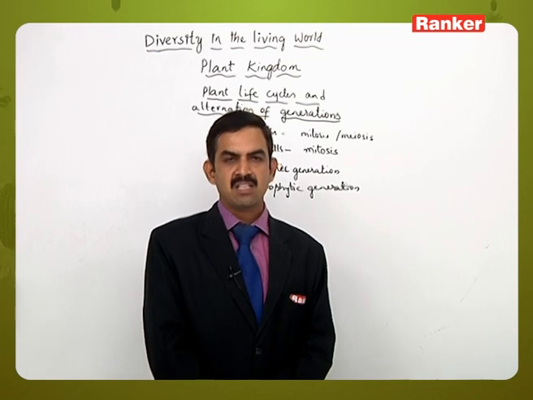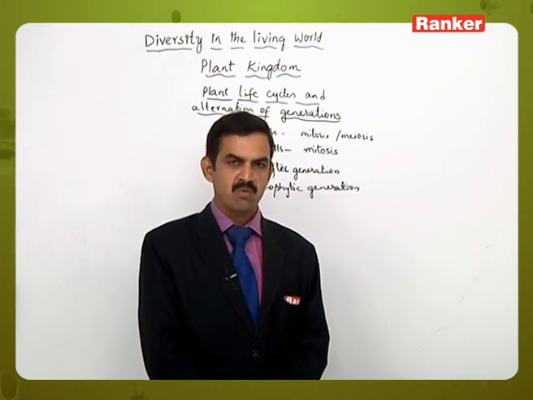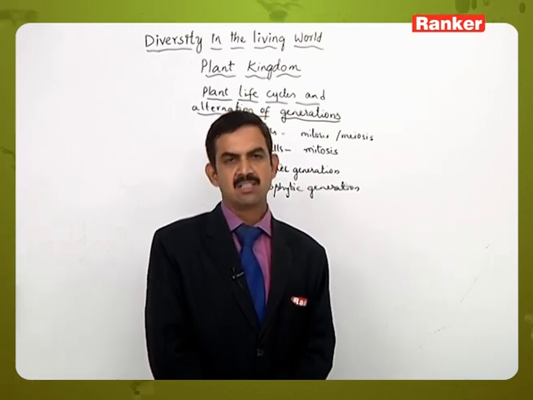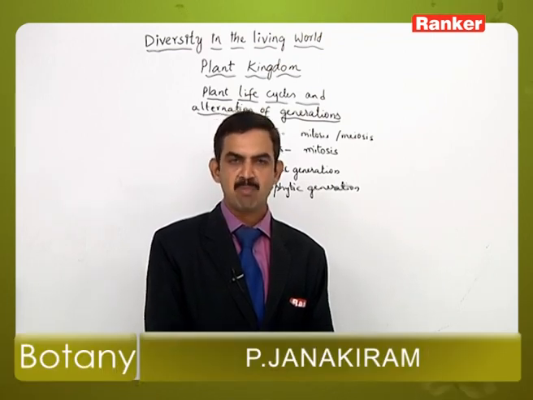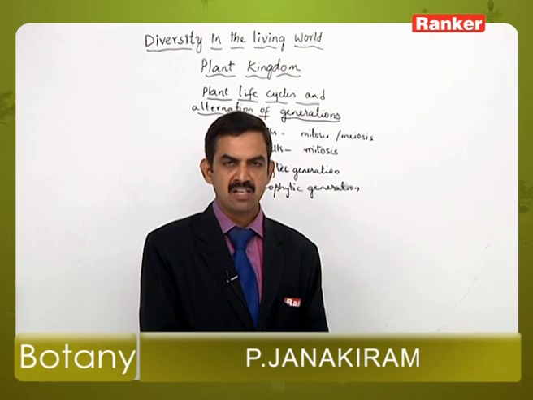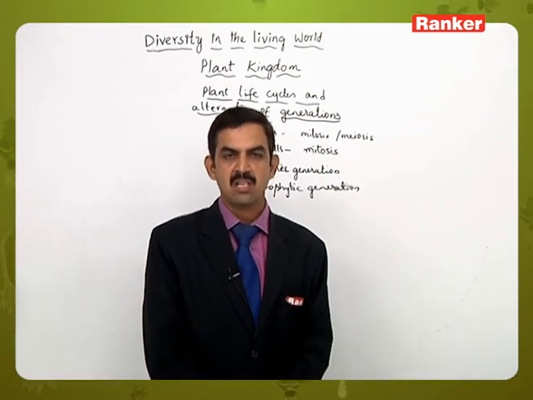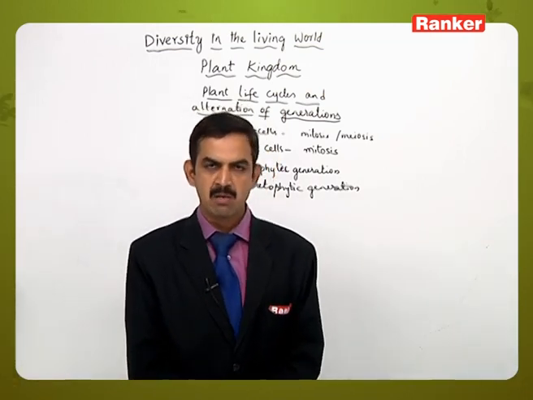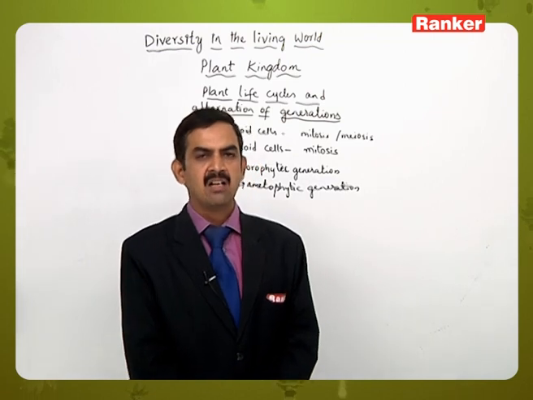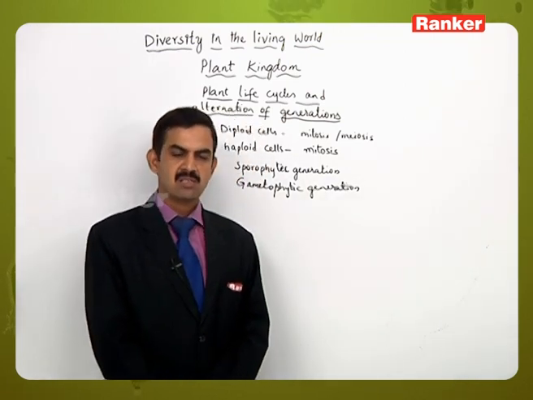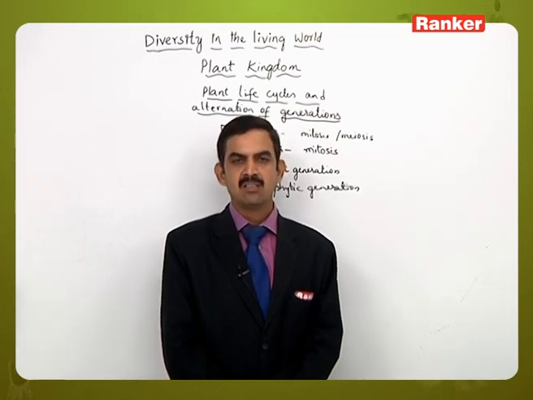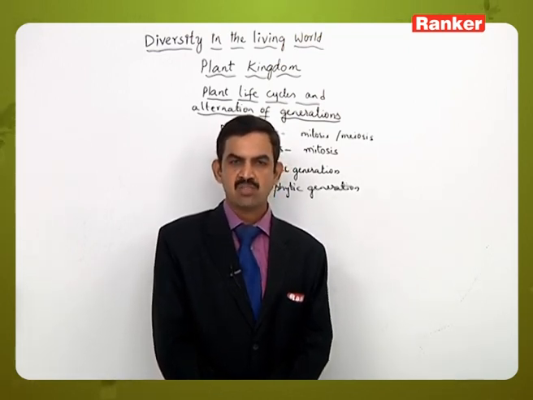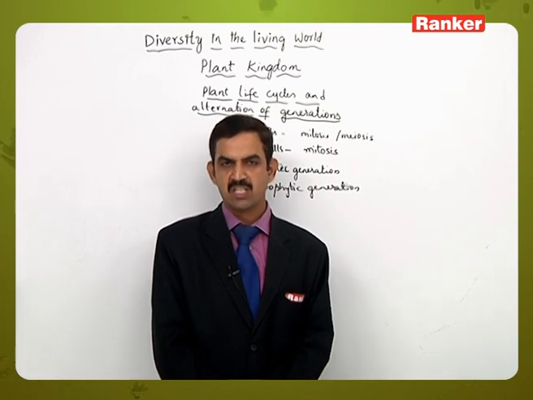But starting from bryophytes onwards, we can see the two generations very much existing, in an alternate manner, and in the process of alternate formation of these two generations, mitosis and meiosis will take place. At which stage the mitosis or the meiosis takes place leads to the formation of either the gametophytic generation or the sporophytic generation.